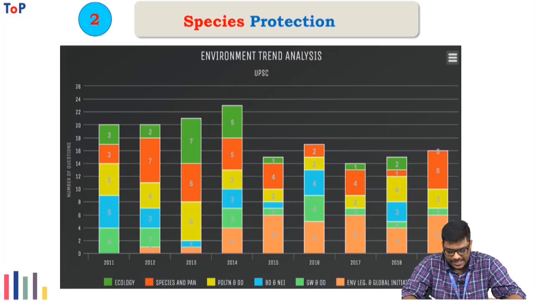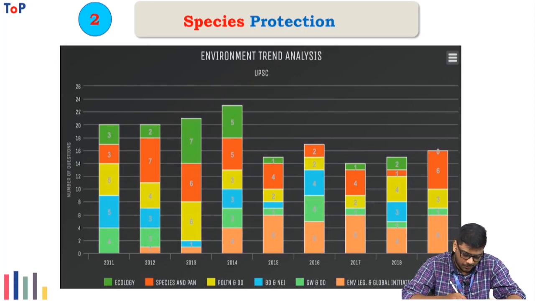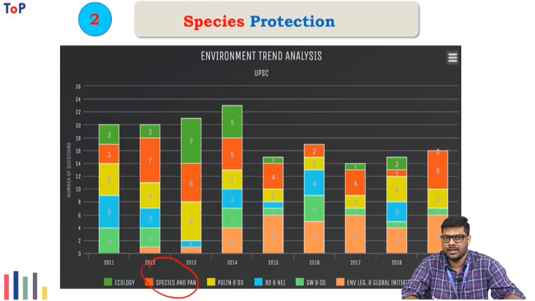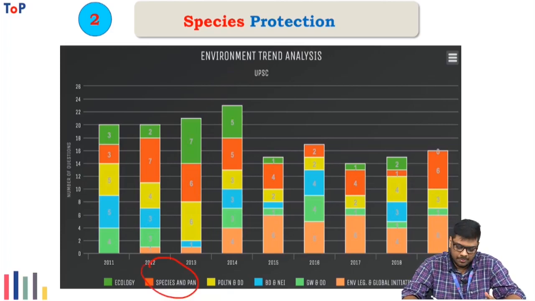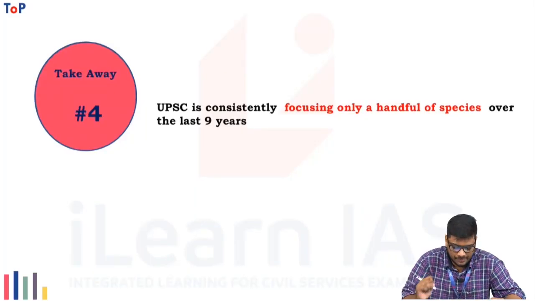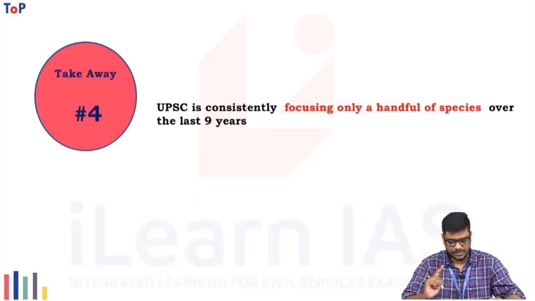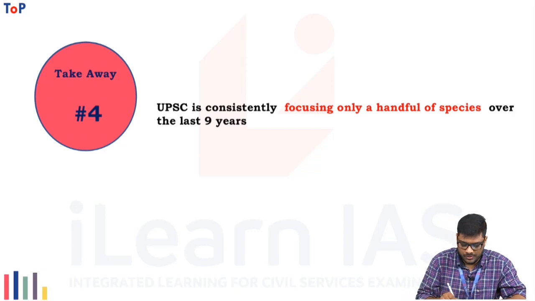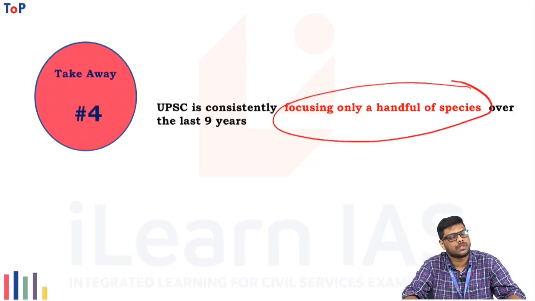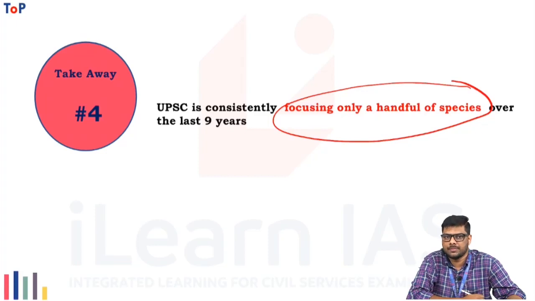And I don't want to explain the graph anymore because I've already explained it. Because species protection and PAN are both interconnected areas, let me give you the takeaway straight. So this is my takeaway. UPSC is consistently focusing on only a handful of species, just like they do in protected areas.